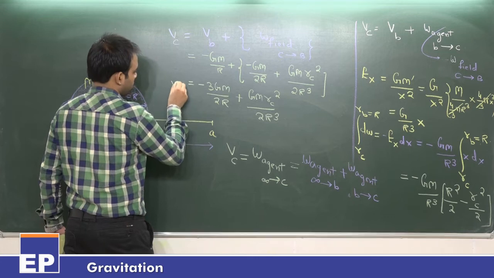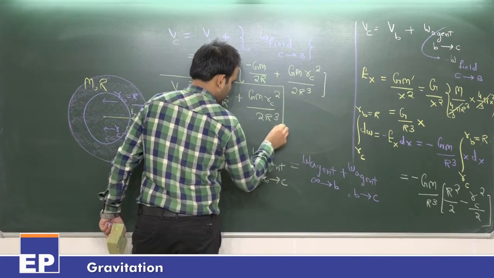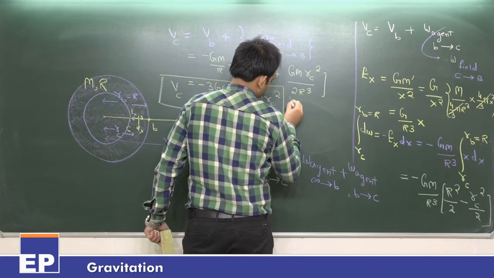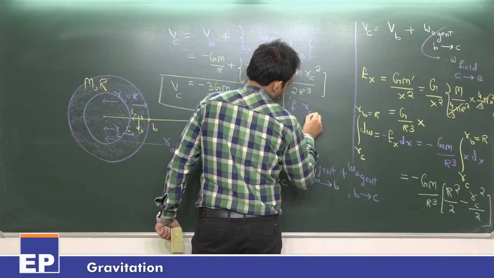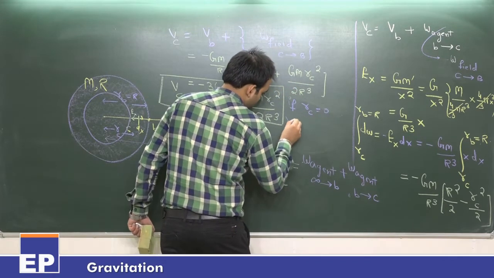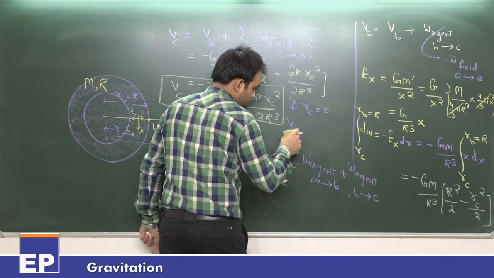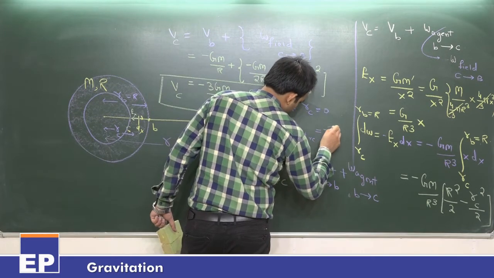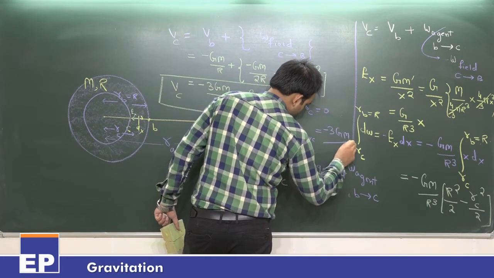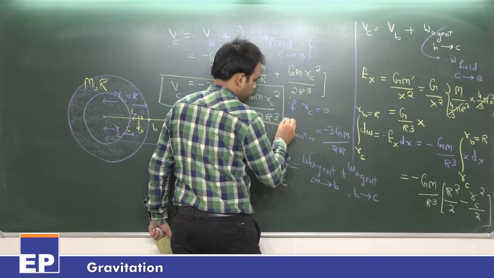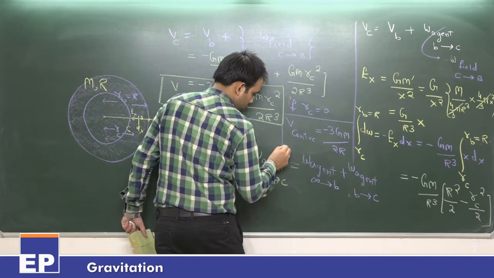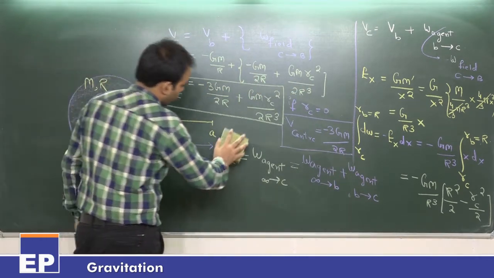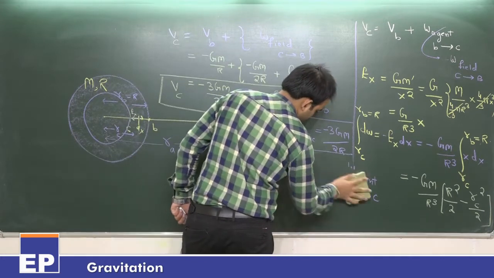That is the potential at point C. If RC is 0, the potential at the origin, at the center, will become minus 3 GM by 2R. Right?